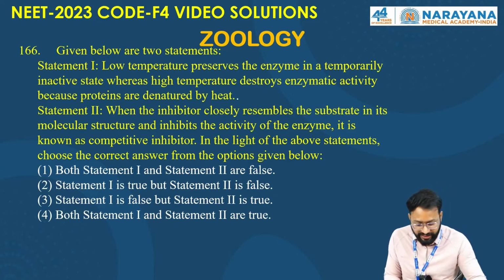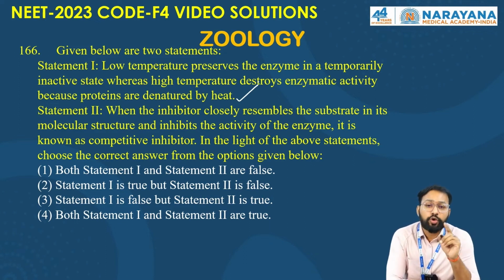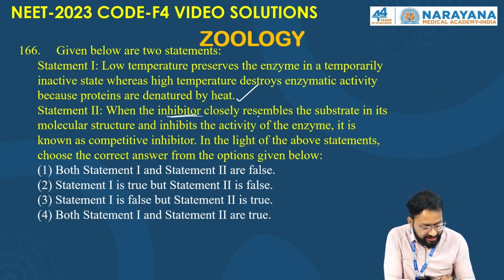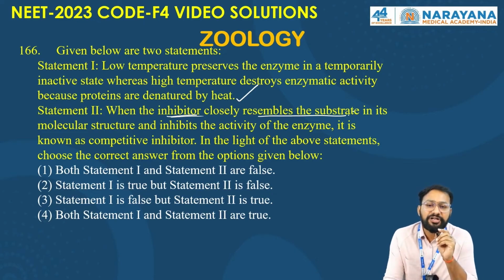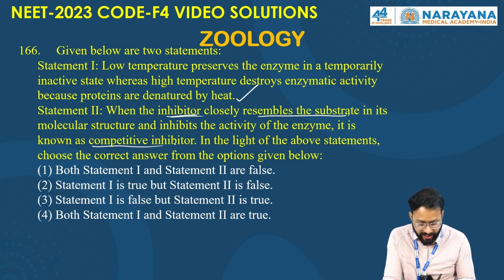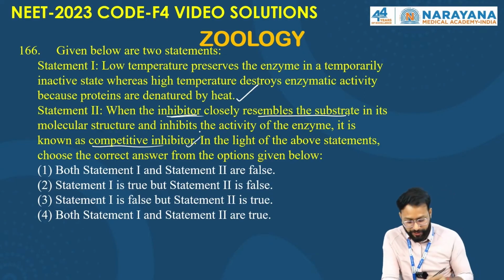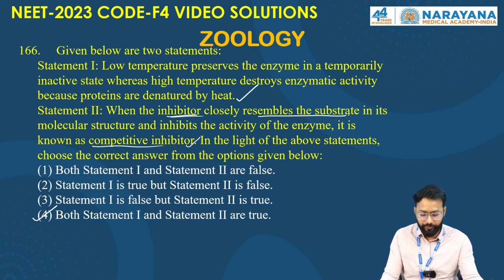So this statement is absolutely correct. Next, if the inhibitor closely resembles the substrate and is competing, it is a type of competitive inhibitor. For example, for succinic dehydrogenase, succinate and malonate, where malonate acts as a competitive inhibitor. So this statement also is correct. So option 4, where both statement 1 and statement 2 are true.